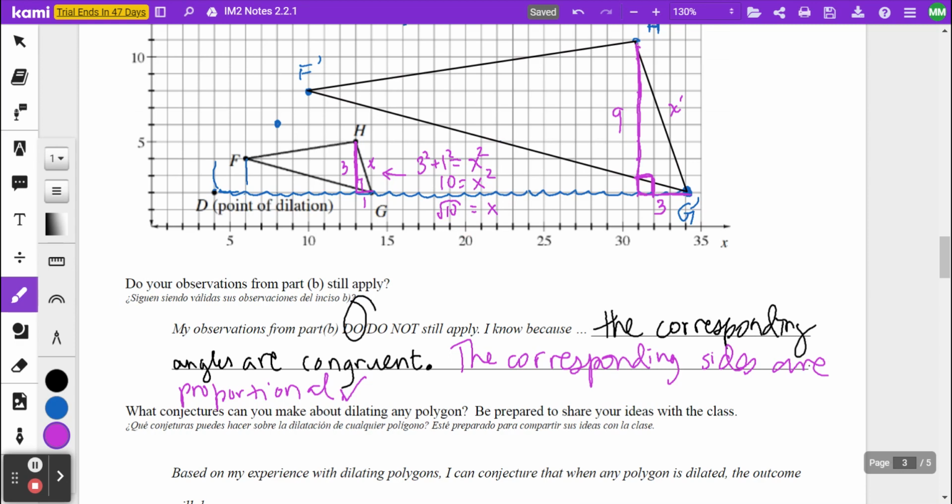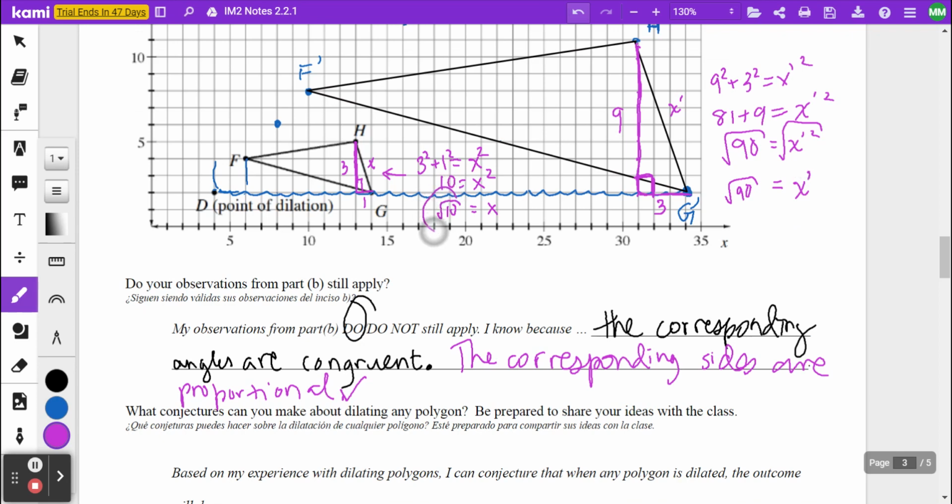So this is 9 squared plus 3 squared equals x prime squared. That's 81 plus 9 equals x prime squared. That's 90 equals x prime squared. Okay, I'm going to take the square root of both sides. Woof. And that gets me square root of 90 equals x prime.